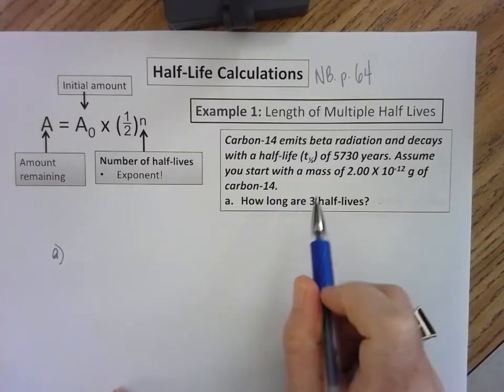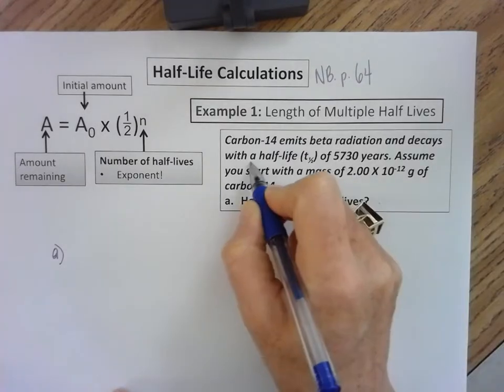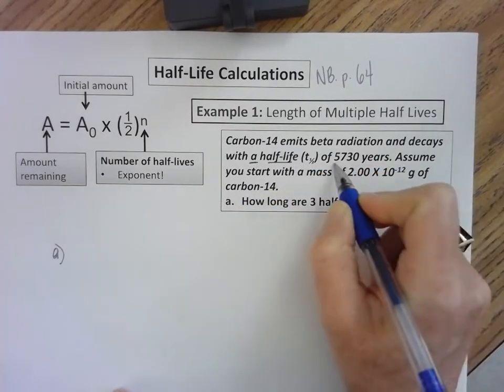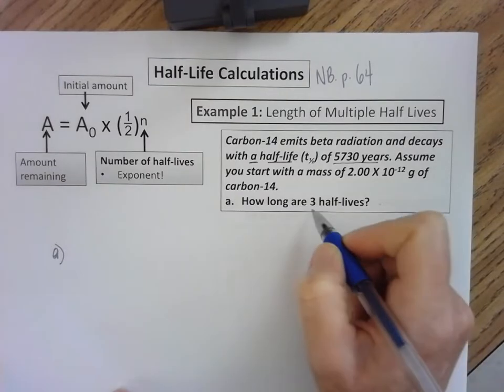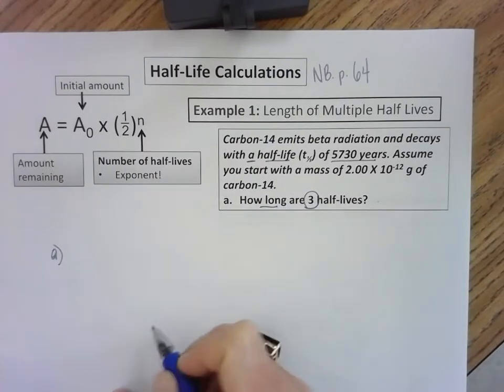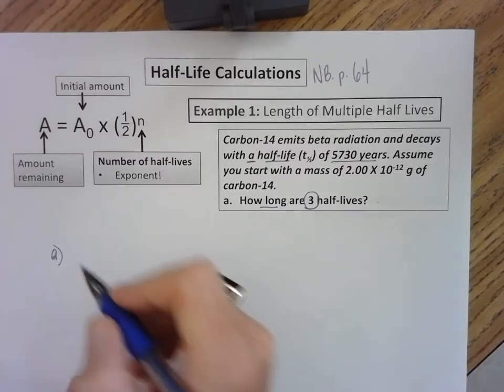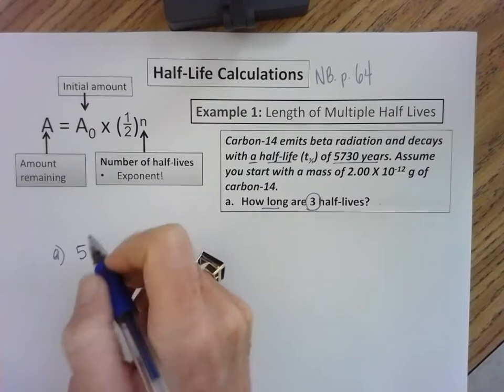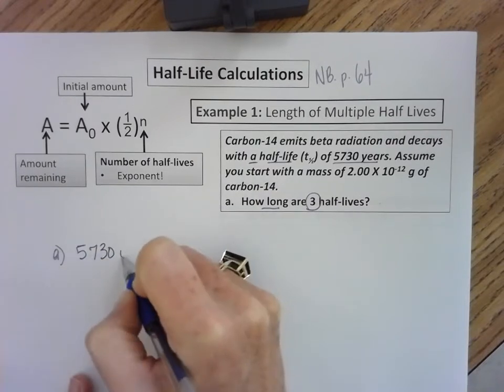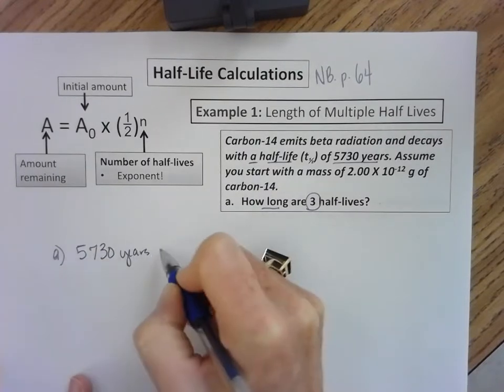One half-life for carbon-14 is 5,730 years, and we want to know how long are 3 half-lives. I'm simply going to take 1 half-life and multiply it by the 3.